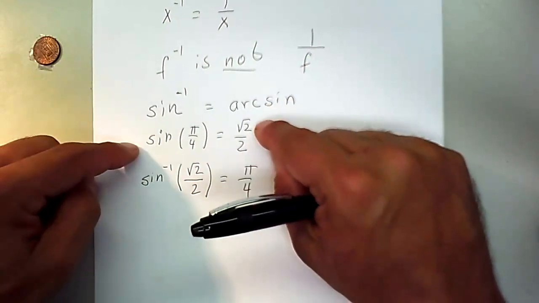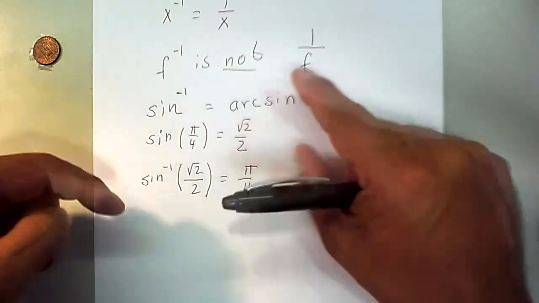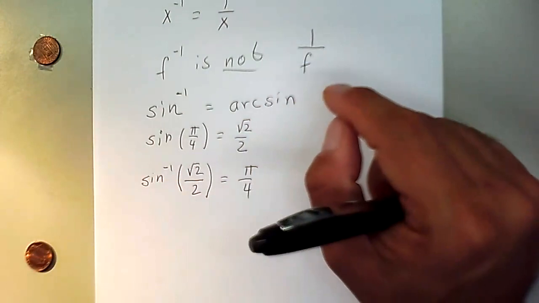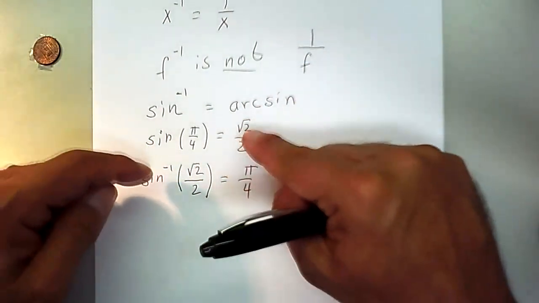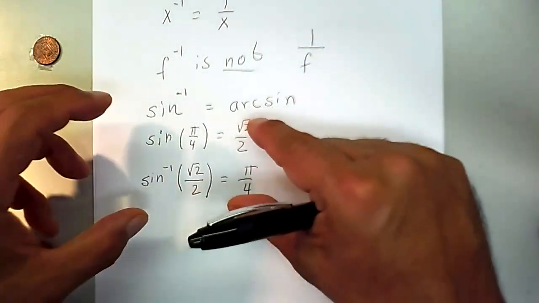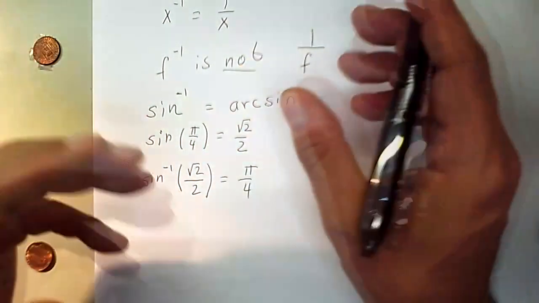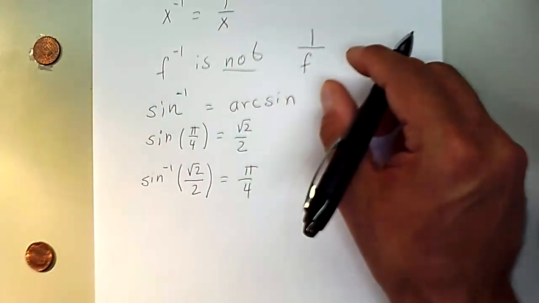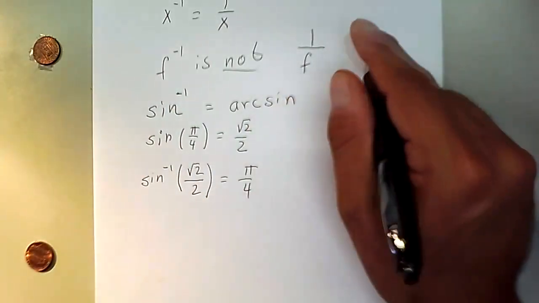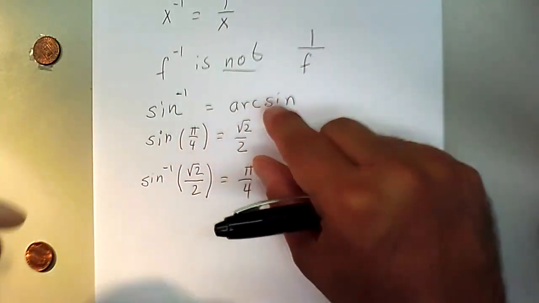If we assume this is true, this has to be true, and we are assuming that there is an inverse. Now, this gets a little more complicated when we are talking especially about sine, because there are some domain and range issues, especially domain issues, we have to address.